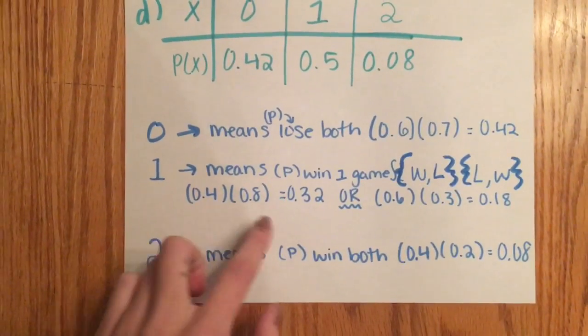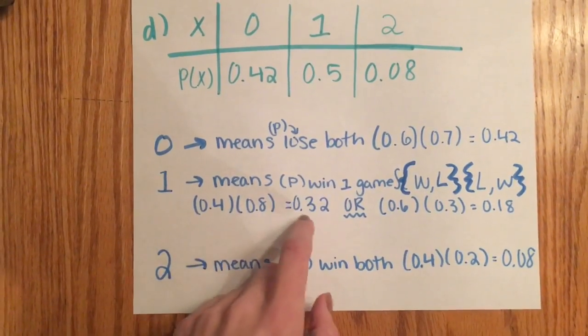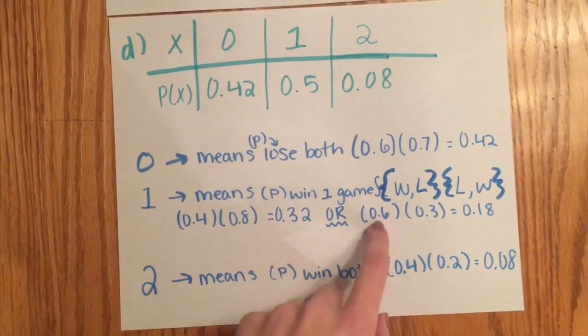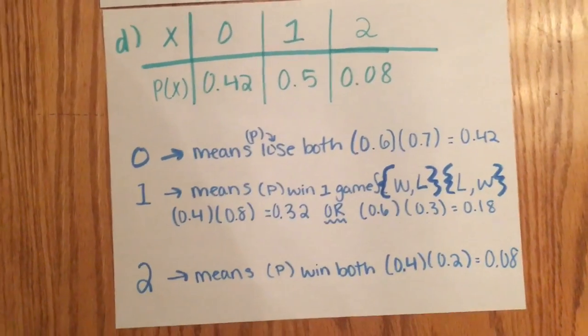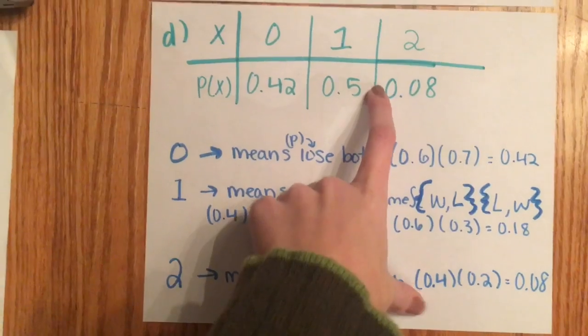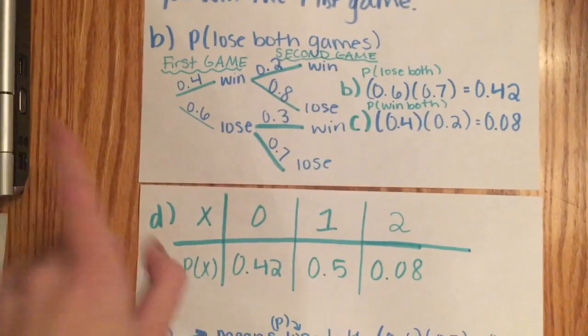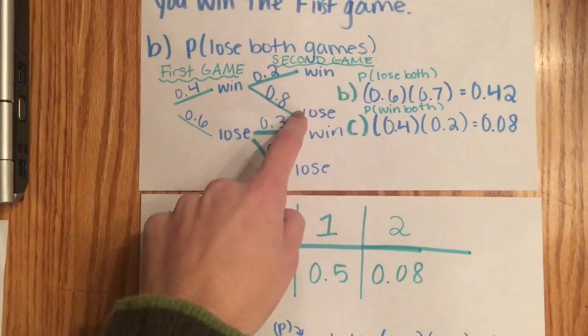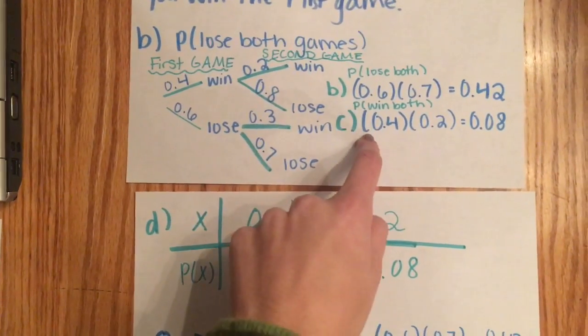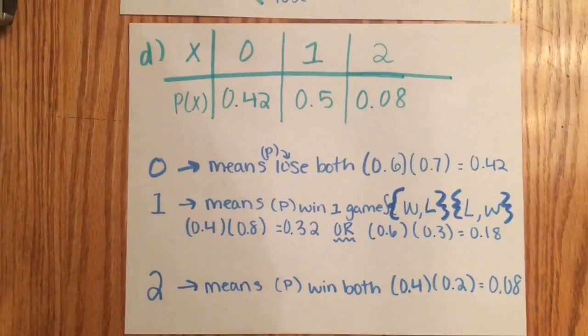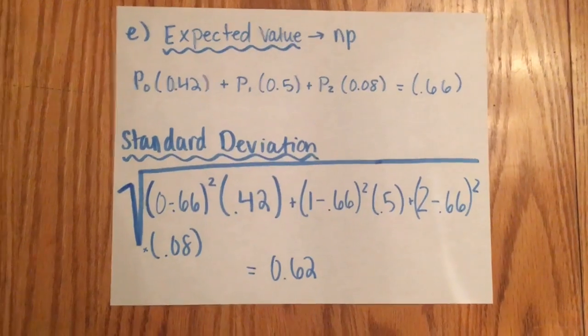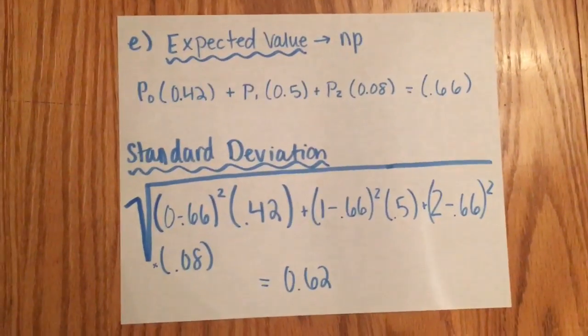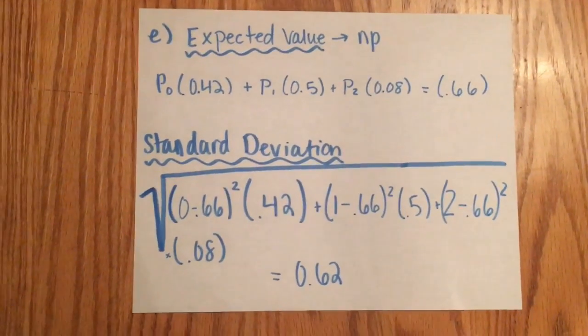So then I did 0.4 times 0.8, which is 0.32, or 0.6 times 0.3, which is 0.18. And so for 2, that can only be one thing. You win both, 0.4 times 0.2, which we already did right here. So that is 0.08. And for part E, it asks you to calculate the expected value and the standard deviation.